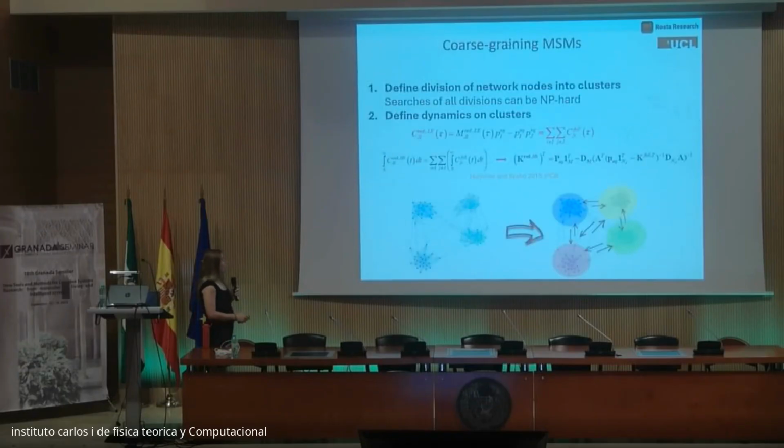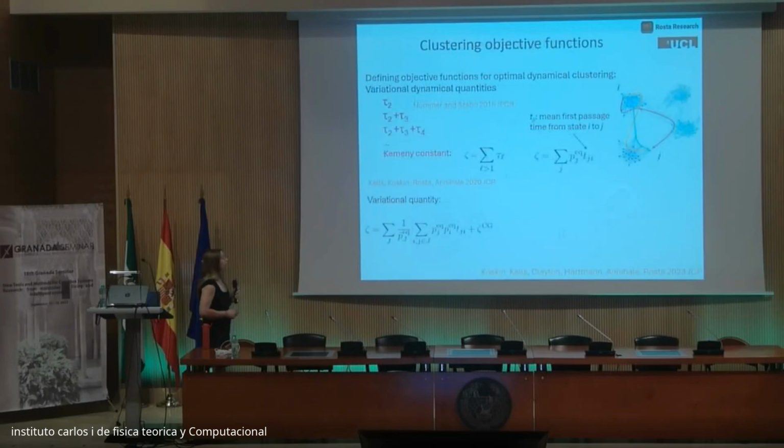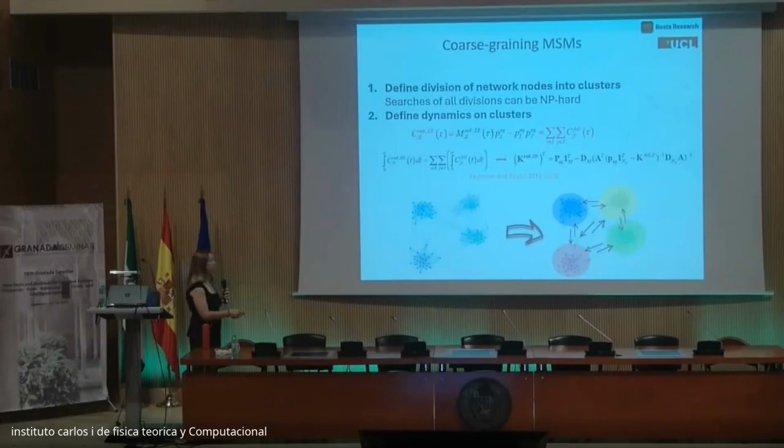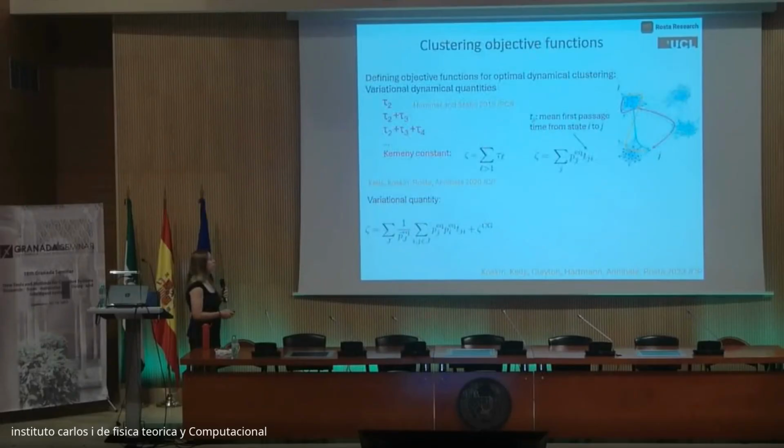Now, let's say we want to keep this equation. Besides keeping this dynamics, we can ask the question, what would be the best clustering? For any given clustering, we can make sure this happens, and then we can ask which one is the best clustering. To do that, we would have to pick some sort of objective function, and of course we want to pick some kind of kinetic objective function. What has been proposed is to use the second eigenvalue, which gives us the slowest relaxation time in the system.